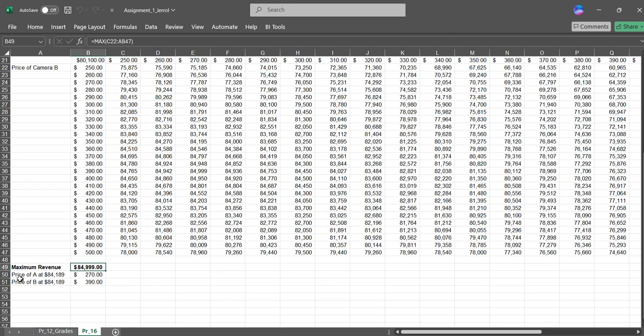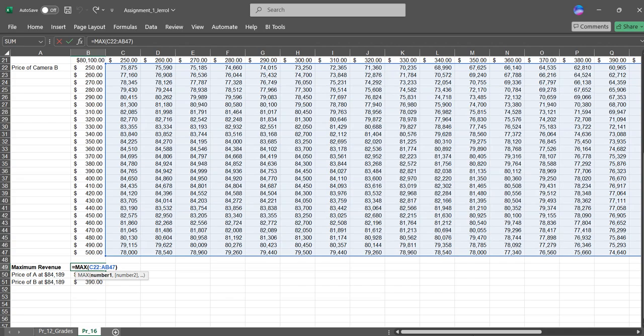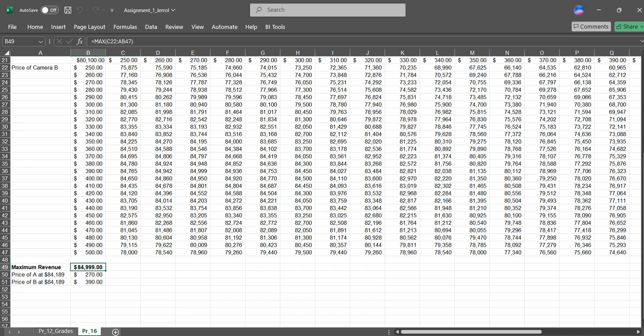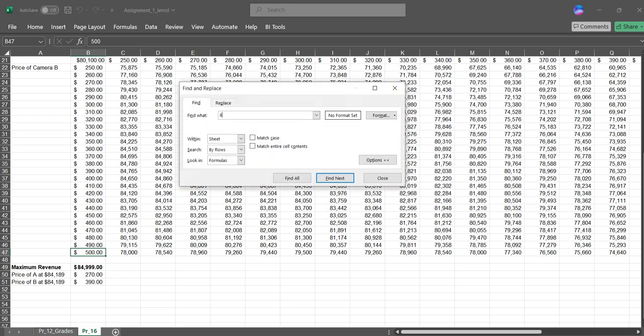So I use the maximum formula by giving this range, and the maximum revenue is 8499. I need to find 8499 within this sheet and look in values.